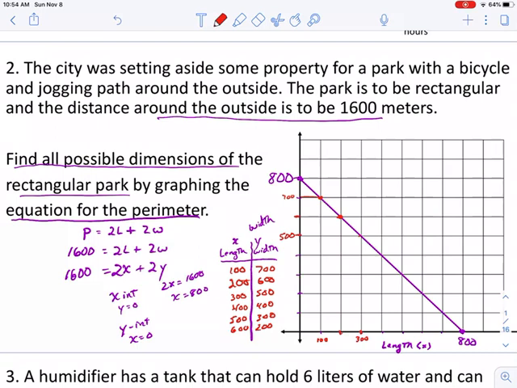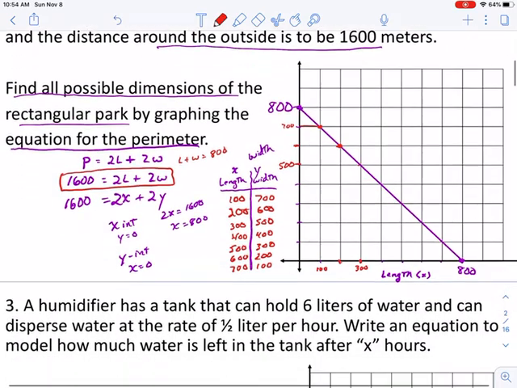Because they all have to add up to 800. Because if 2L plus 2W equals 1600, that means L plus W equals 800. So 700, 100. And that's not all the possible lengths and widths, but that's a pretty good number of lengths and widths that we can use.